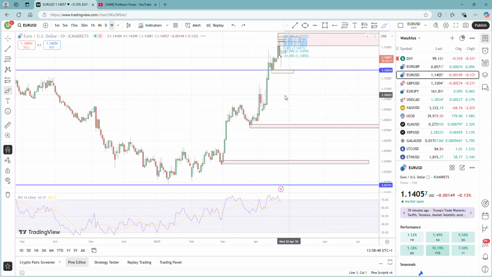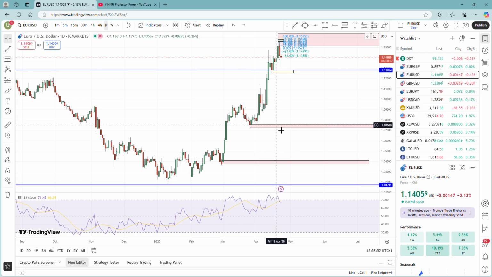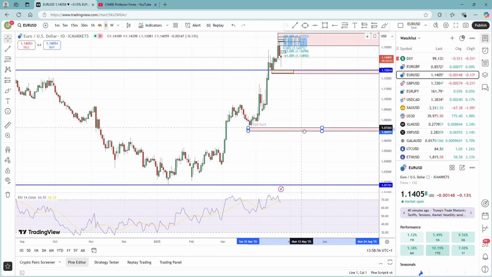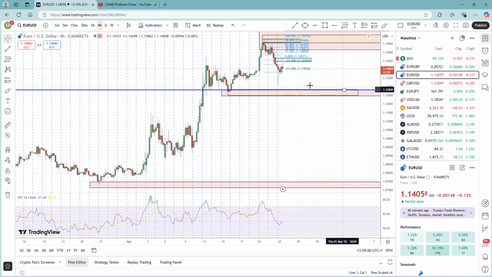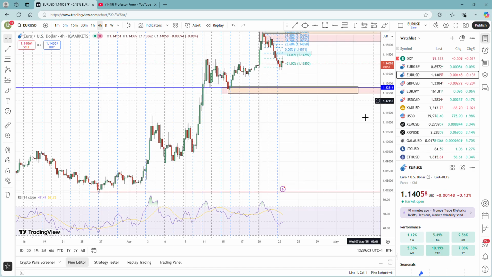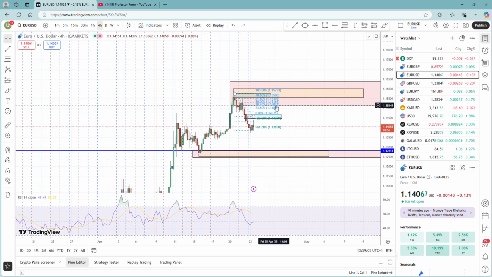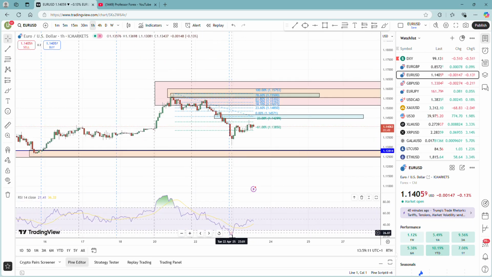I'll update the daily support. So here's your most recent high low. So this is now your most recent daily support, and obviously you've got one here as well. If you go to the H4 time frame, so you're breaking it down even further, you can see here I had marked it yesterday, so we'll see the price action of yesterday.